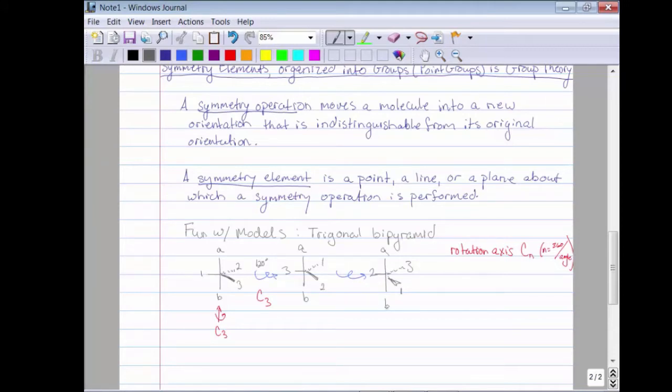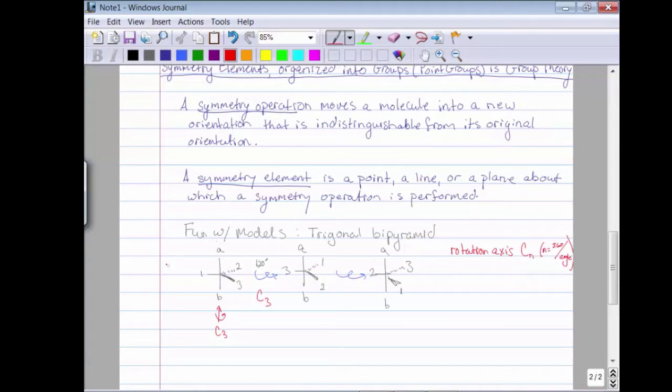What if you did it 3 times? It's exactly the same, and so that one actually doesn't count. That's the same as something called the identity. One thing I didn't tell you is that whatever orientation you start with, every molecule has something called the identity, which is basically where it starts.